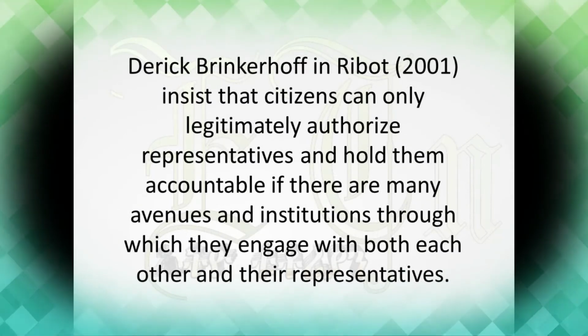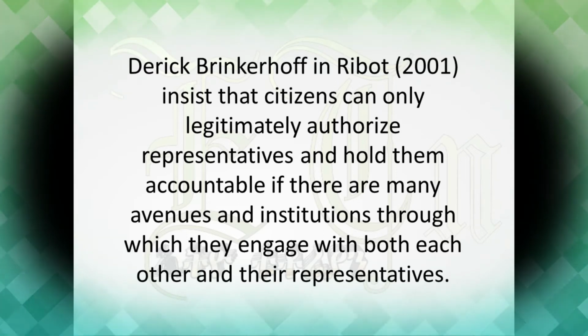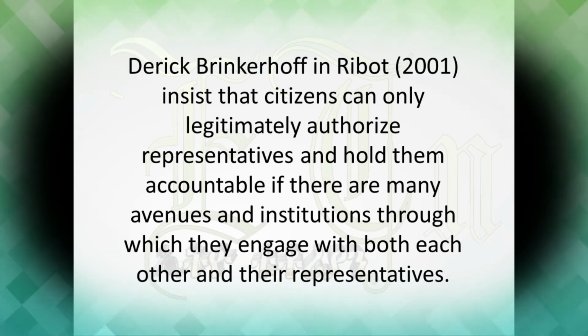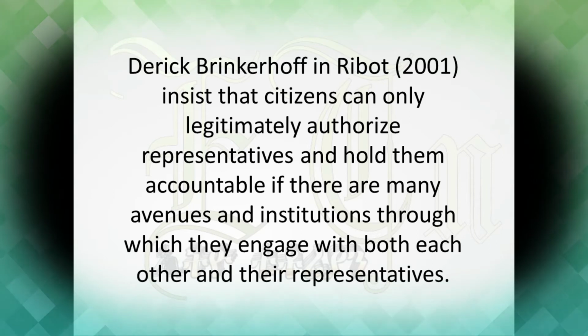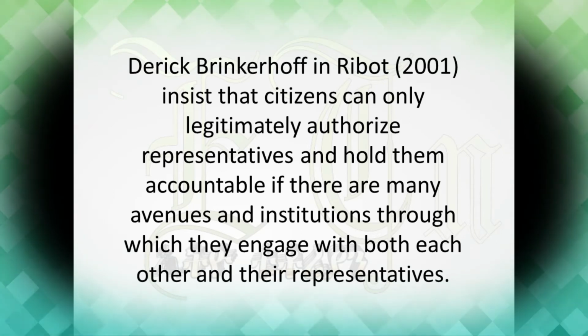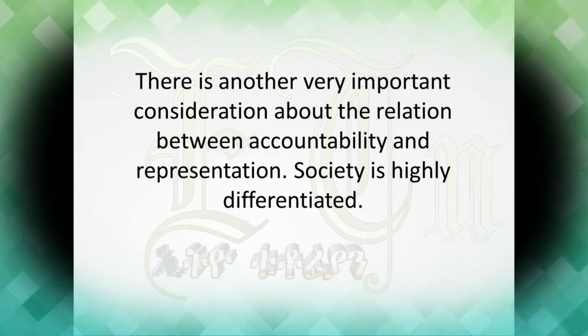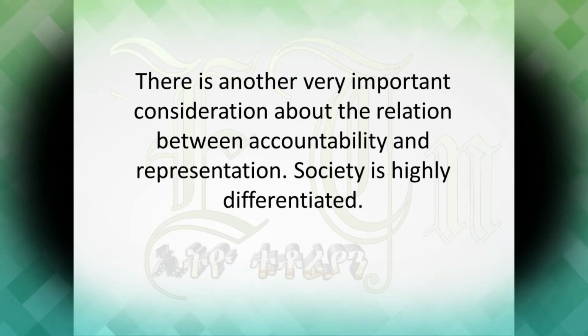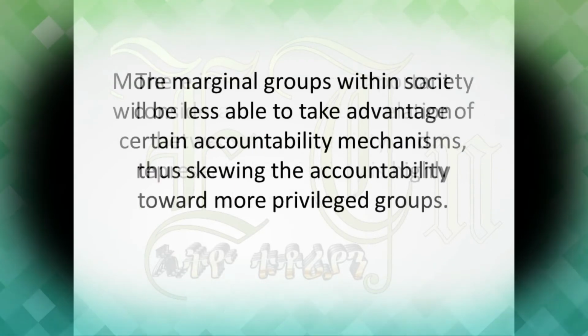Derek Brinkerhoff, in Rebut, 2001, insists that citizens can only legitimately authorize representatives and hold them accountable if there are many avenues and institutions through which they engage with both each other and their representatives. There is another very important consideration about the relation between accountability and representation. Society is highly differentiated.